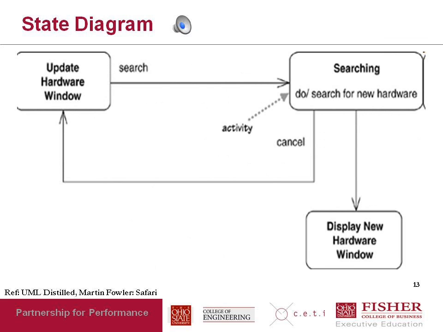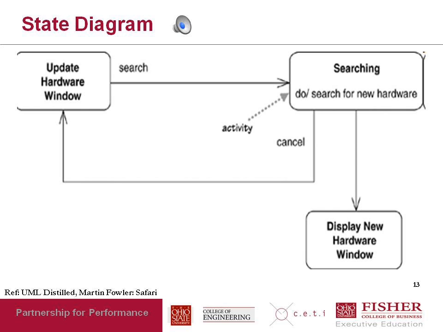This diagram, known as a state diagram, is another diagram that can be used to capture the dynamic behavior of a system. In this particular case, it's trying to capture the dynamic behavior within a particular entity. So it's not talking about dynamic behavior in terms of interactions across entities such as objects, but it's trying to capture the dynamic behavior within a particular entity.